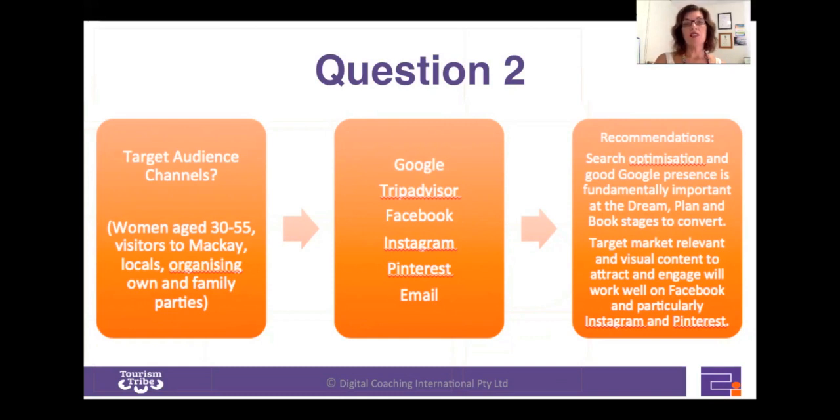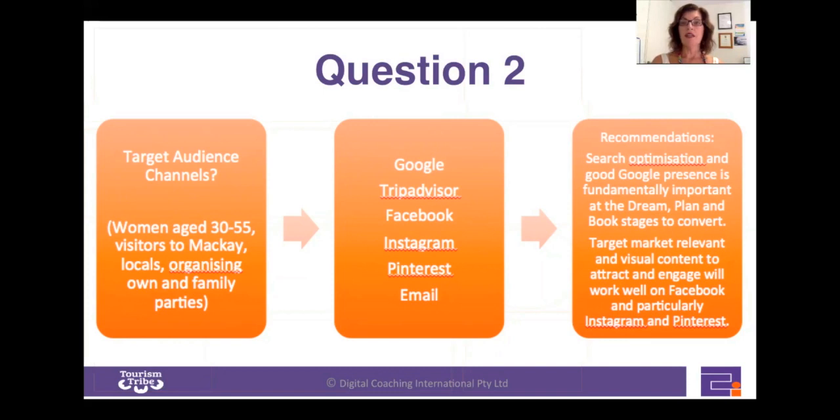So what channels are they going to use? They're going to use Google, TripAdvisor, Facebook, Instagram, Pinterest, given they're females and looking at parties. Because this is about organising parties, there's going to be a lot about design and theming and how great it looks.